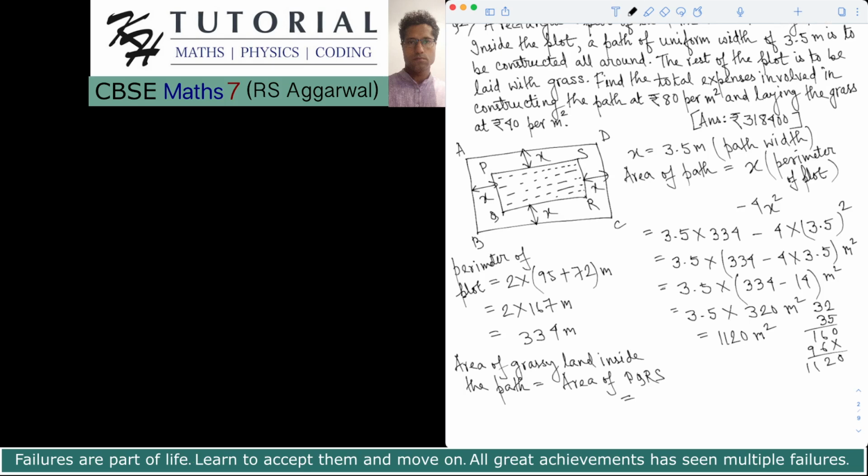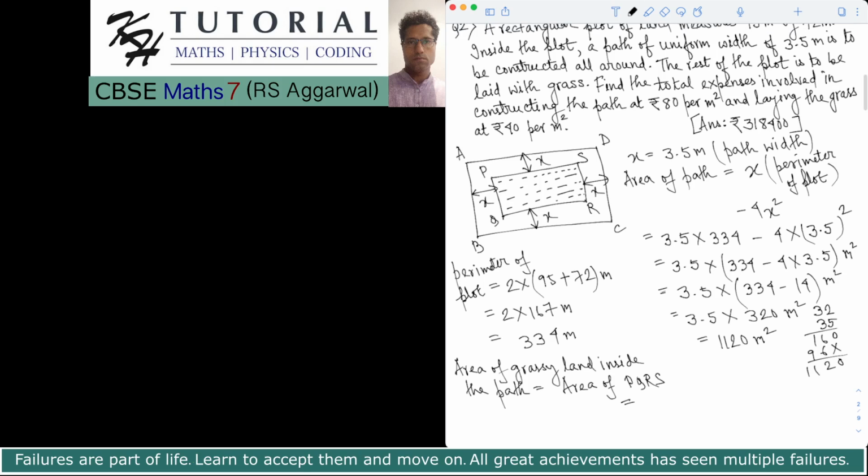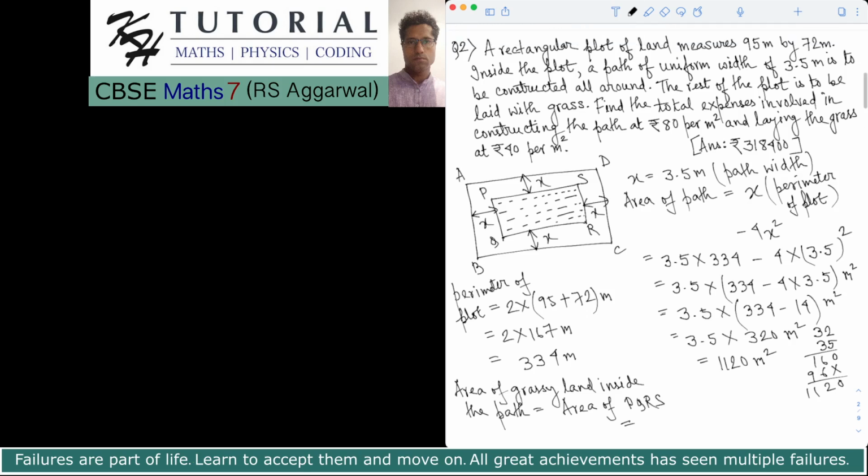What is the area of the rectangle PQRS? The length of the rectangle PQRS is the length of the rectangular plot, 95, minus 2 times the width of the path, and its width will be the width of the plot minus 2 times the width of the path.